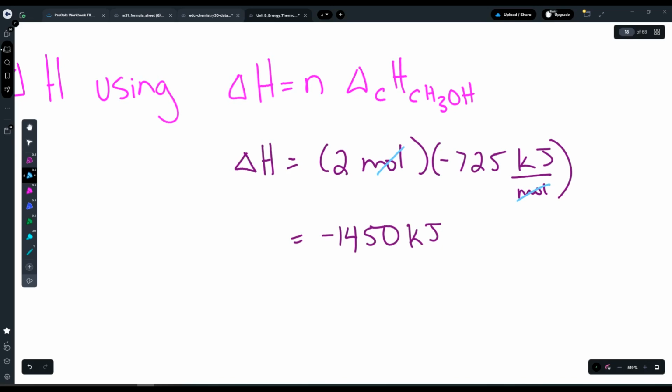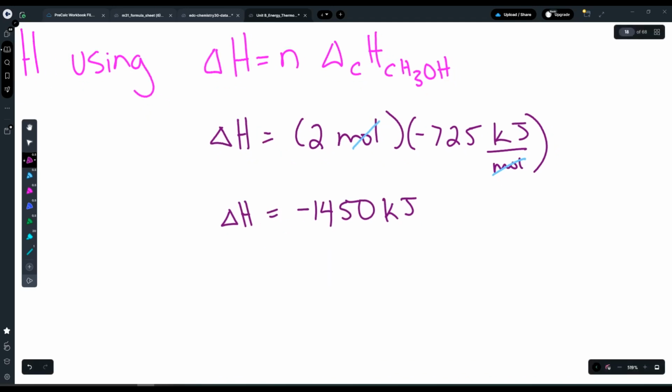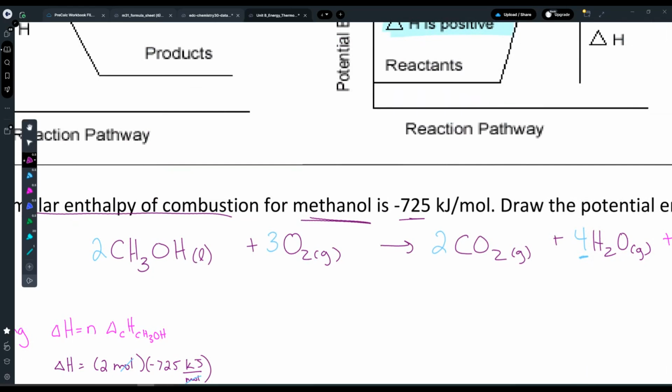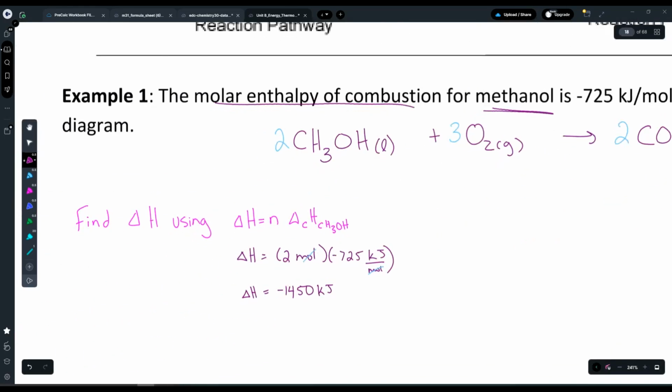Okay, so like I said, because this is a negative value, that tells you, if your change in enthalpy is a negative value, that the energy term goes on the product side. Okay. Now, if I wanted to take into account sig digs here, the value that we were given has 3 significant digits.